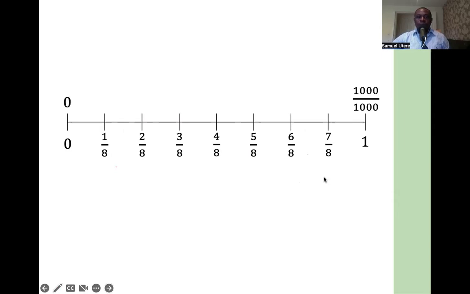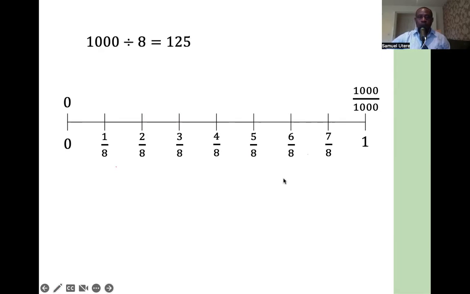But what about as a thousandth? How do we do this? Well, 1 is 1,000 thousandths. It's 1,000 over 1,000. Therefore, remember when we did our lesson on intervals, if we want to divide 1,000 into 8 equal intervals, we'll have to divide 1,000 by 8.